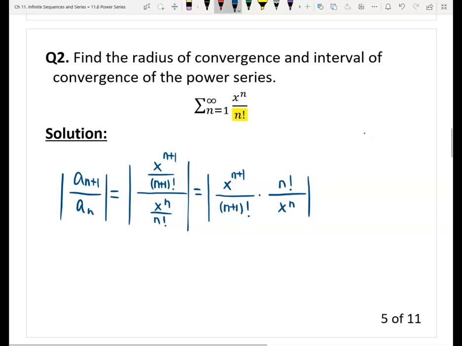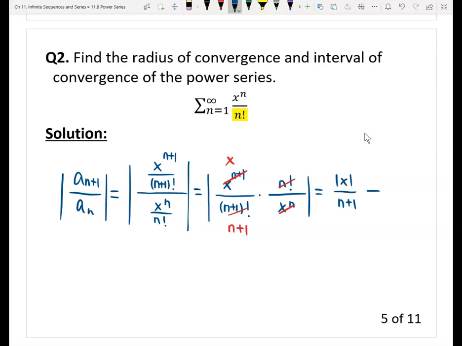So now, you know, we can simplify. And we just did, okay, so this and this we cancel. What do we have left? We have n plus 1 left on the bottom. And for this power, we have the x left on the top. Therefore, what do we have? We have absolute value of x over n plus 1, right? Okay, take a look at it.